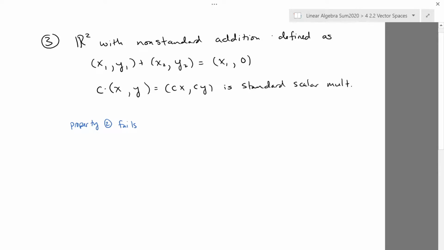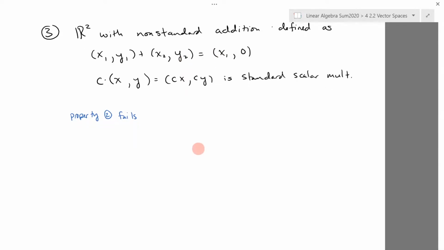Which is the commutative property, right? Because I mean, if you think about it, if you add it this way, you take the first coordinate of the first vector, which will be x1, but if you switch them around, the first coordinate of the first vector is then going to be x2, which might not be the same as x1, right? So to show any property fails, we just need to come up with a single example, right?